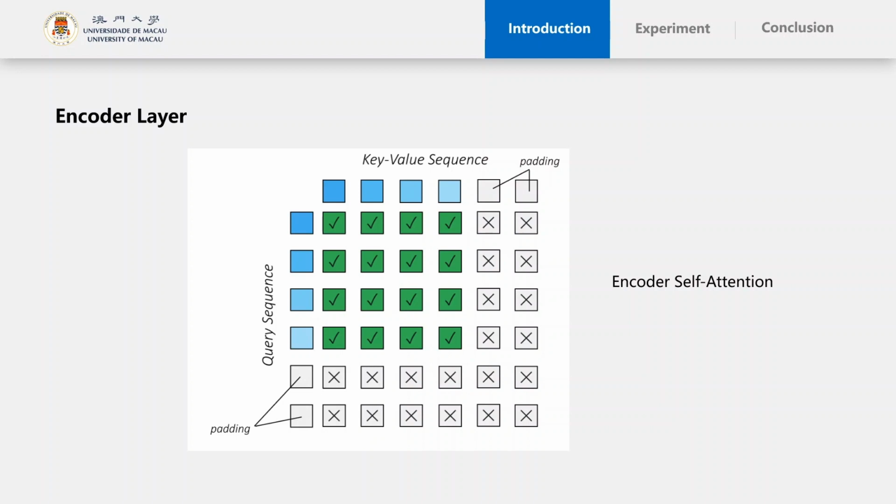In the green part, each token makes correlations with the others, and in the encoder layer, the query, key and value are the same. This is the encoder layer.